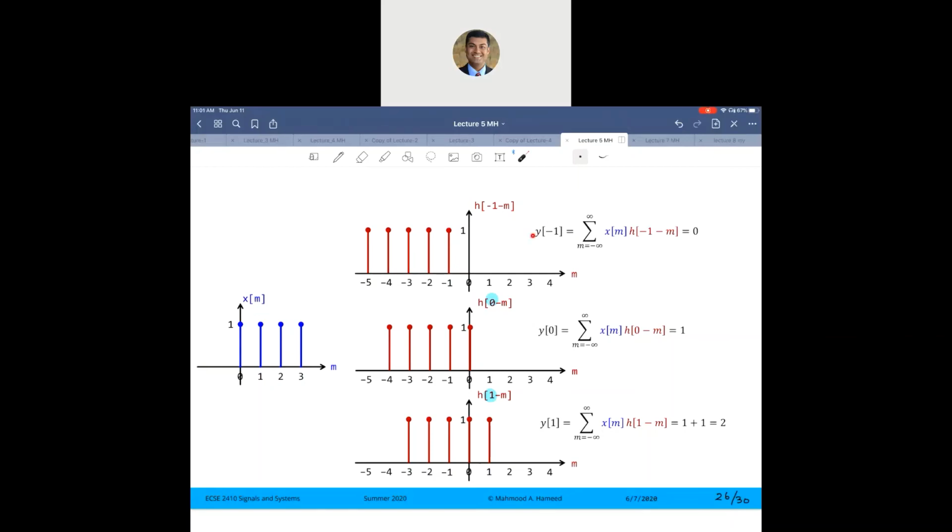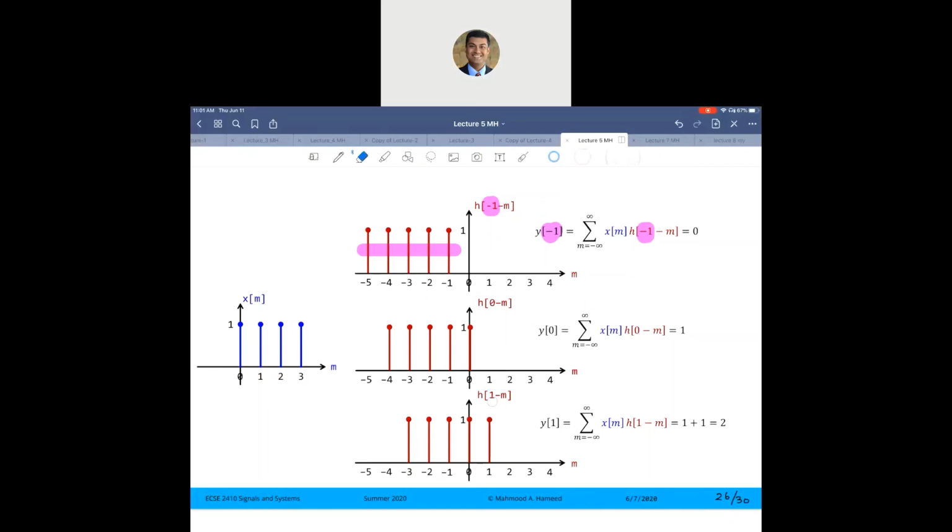Looking at y of -1, n minus 1 corresponds to h of -1 minus m, which is one time step to the left compared to h of minus m. There is no common element between that sequence and x of m. They are completely at different times. So that summation would evaluate to 0 because the product is 0 for all the elements.